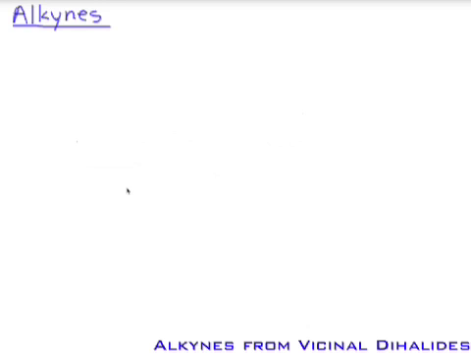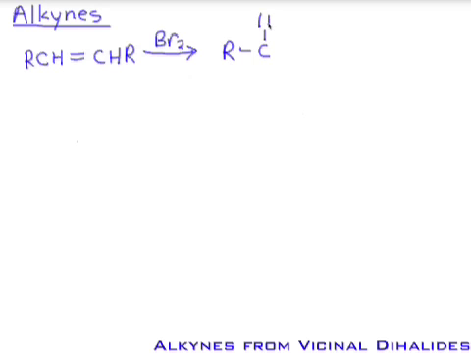Let's take a look at a reaction then. I can take alkene. And in a reaction we're going to examine later of alkenes, I can react this with Br2. If I react this alkene with Br2, I will produce an alkane which has vicinal dihalides.